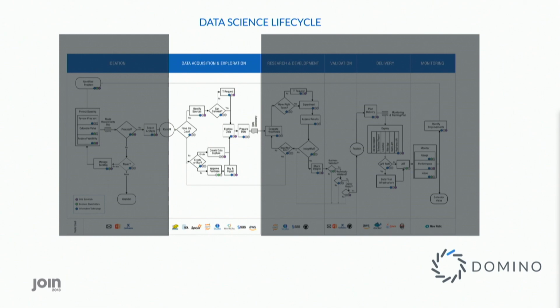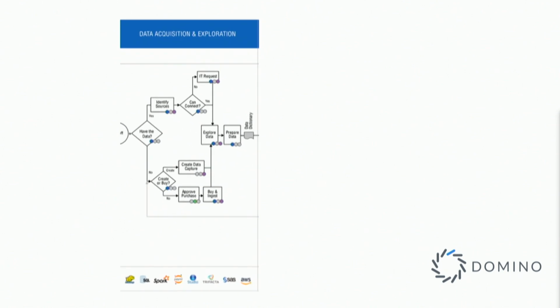In data science, I'm going to change the lexicon a bit: this is the EDA, the exploratory data analysis piece, where we actually look at the data, see where there are holes and bad values, and always keep in mind what the data should actually look like. In this first diamond, do you have the data?